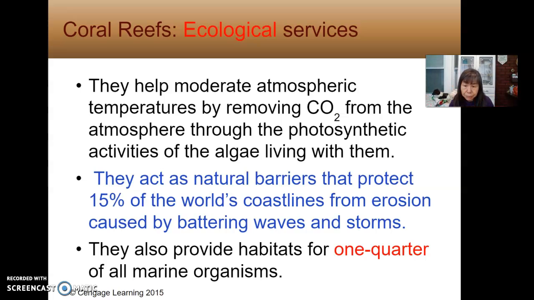They also provide habitats for 1/4 of all marine organisms. So if we destroy the coral reefs, 1/4 of the marine organisms would be homeless and would eventually die.